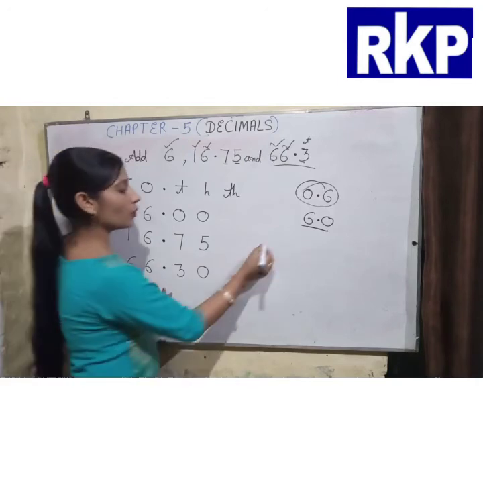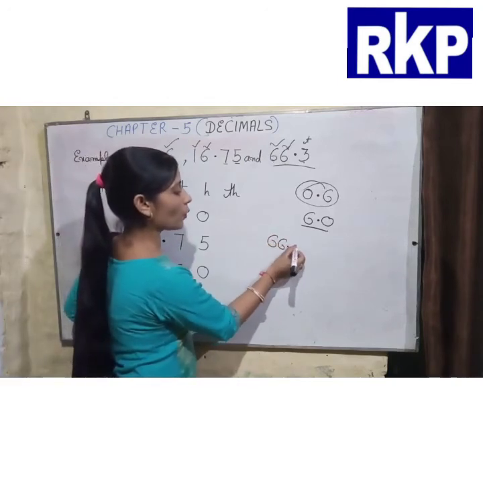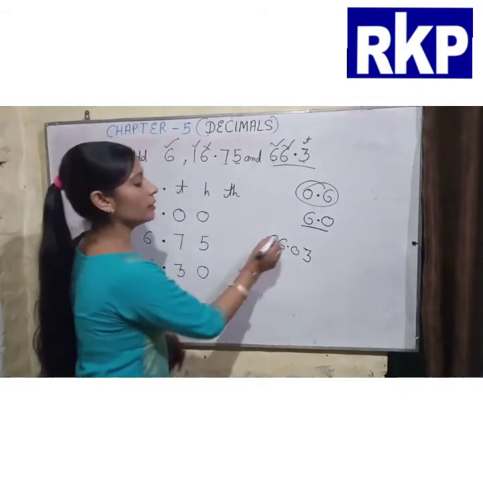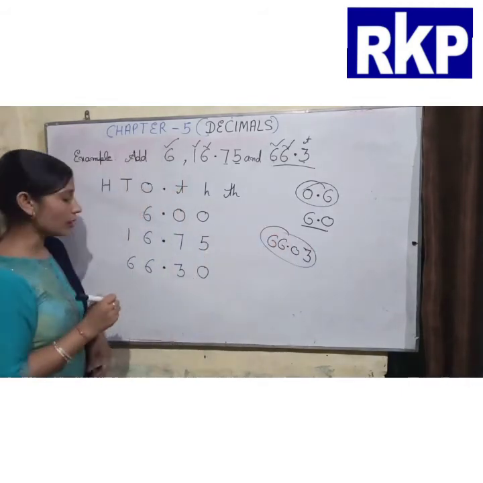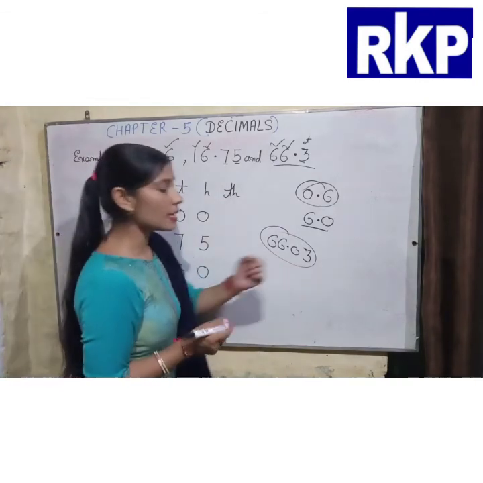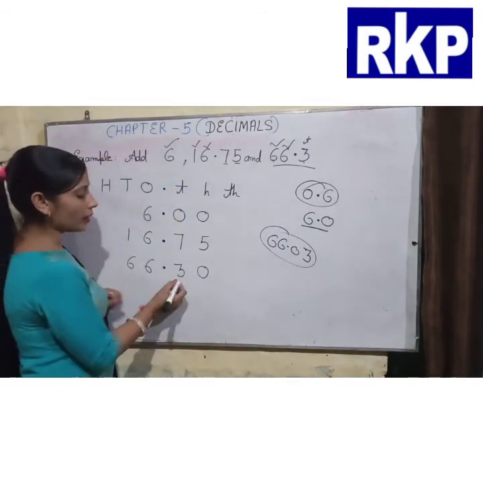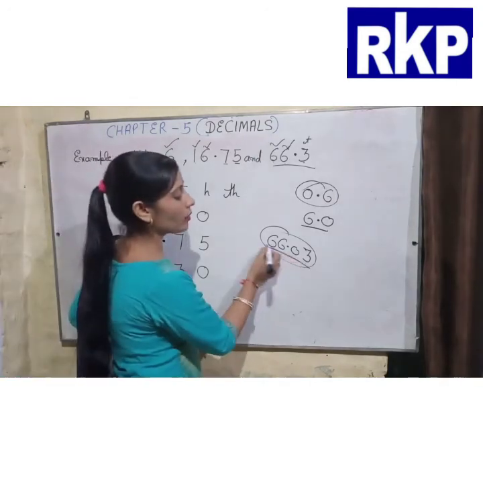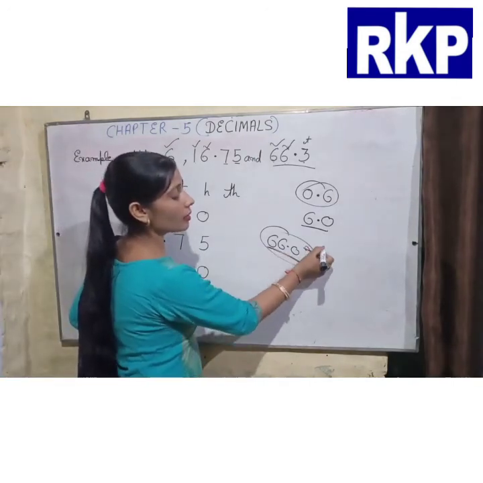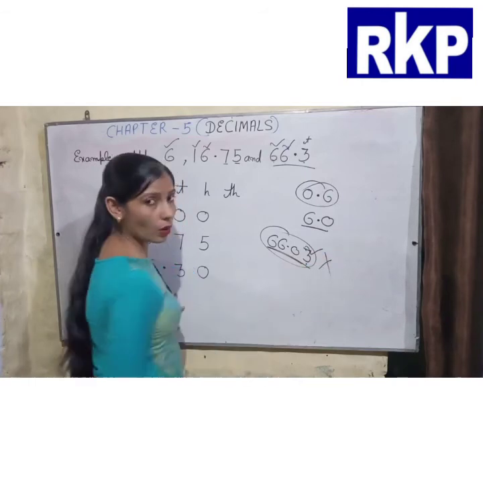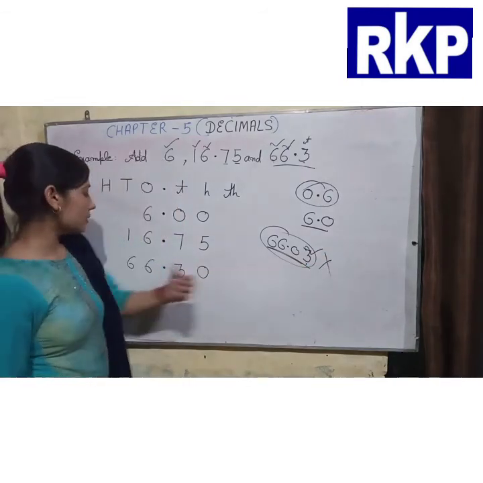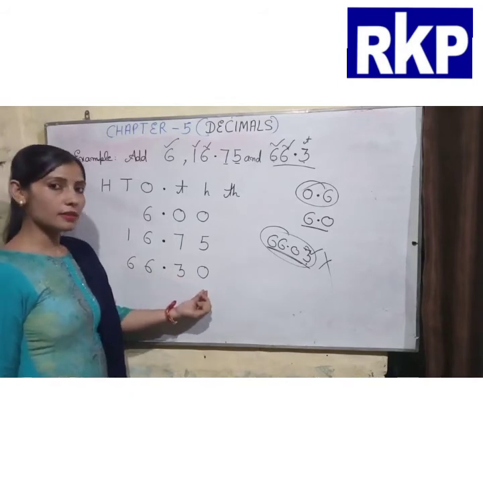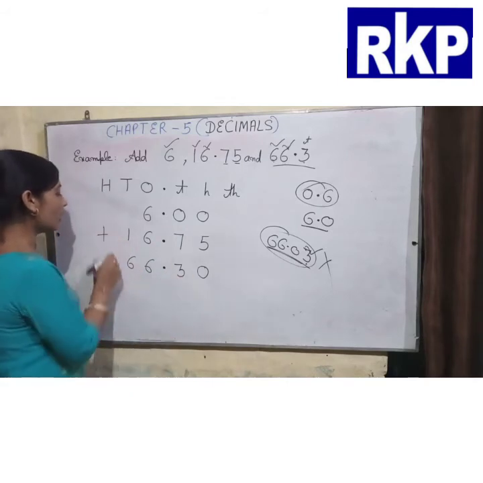If you write 66.03, meaning if you write 0 on the left side, then it will be wrong, क्योंकि आपने 3 का प्लेस ही चेंज कर दिया है. Okay, here 3 is in tens place and here I have written 3 in hundreds place, so it is wrong. So we have to write 66.3 and then 0.